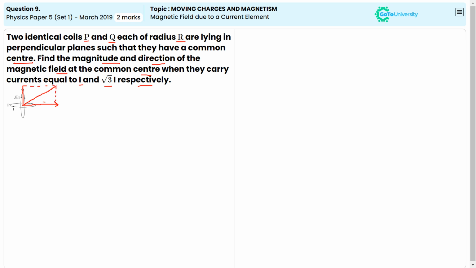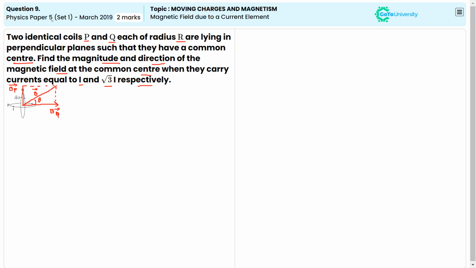I call them BP and BQ, the BP vector and BQ vector. This angle is theta, and the resultant is the vector B.